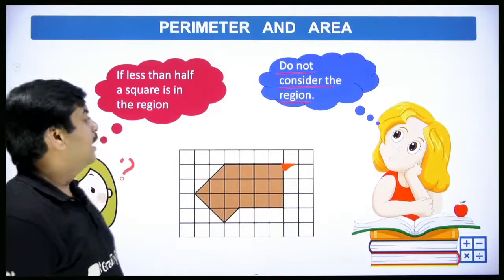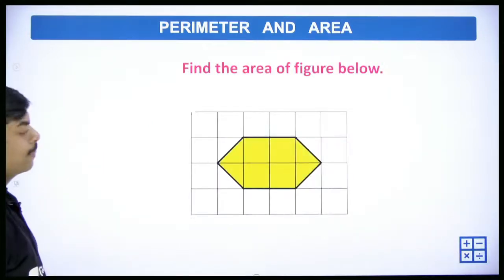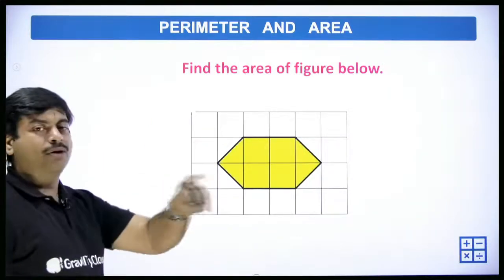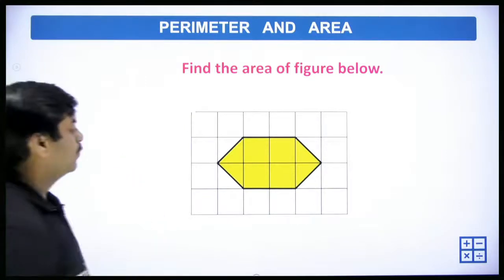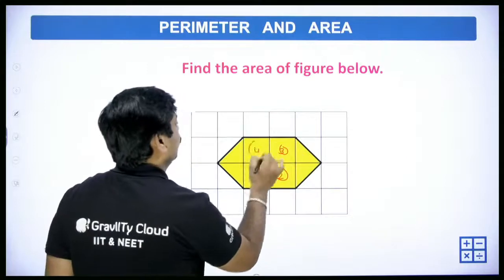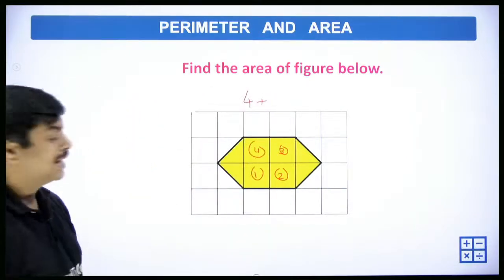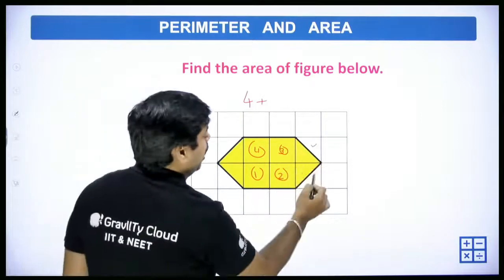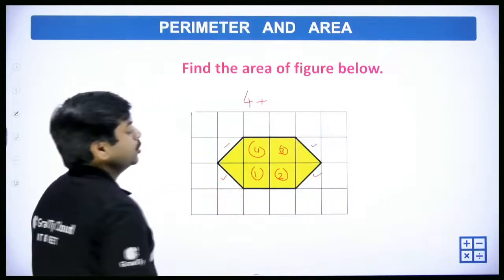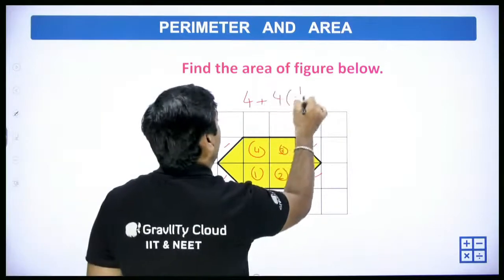Okay. Next one. We need to find the area of this figure. Let's say each and every box is 1 square unit. So we have 1, 2, 3 and 4. So total 4 square units plus, it is exactly half, half, half and half. So we have a total of 4 halves. 4 into half, right?